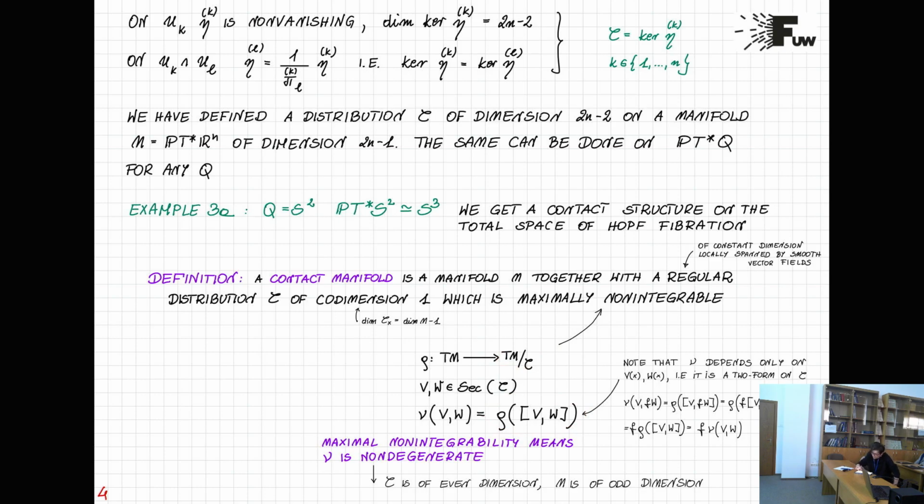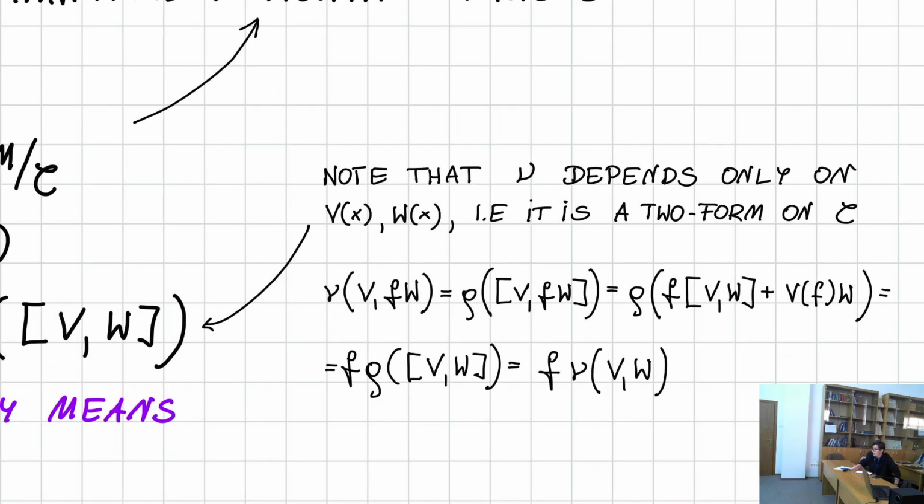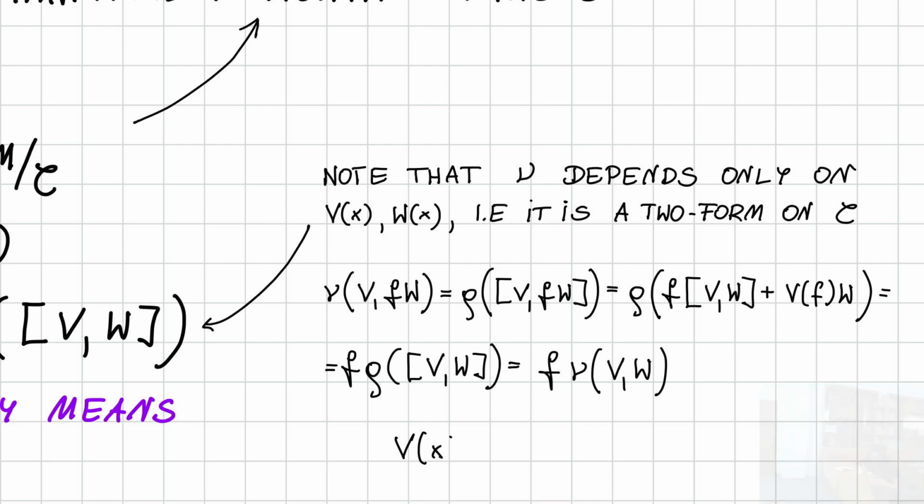So let us now check that this is really a two form, and so something that depends only on the values of my vector fields at a certain point. These are vector fields on M, so it should depend only on the two vectors.